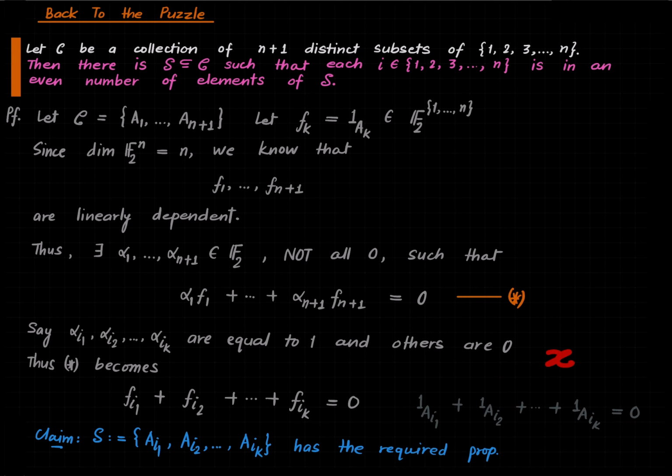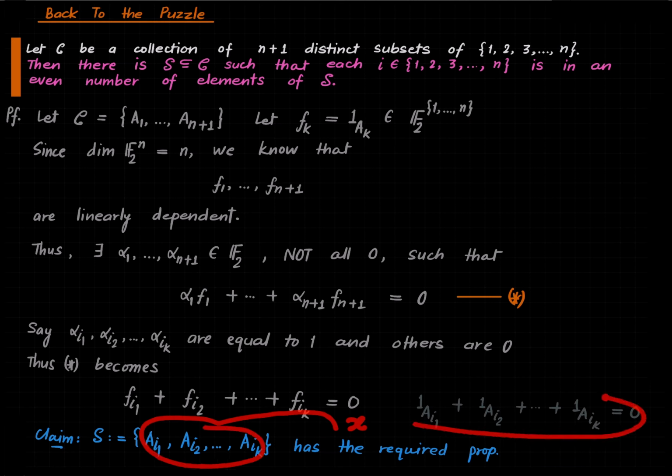Fix an x, just ask, will you give me a 1, will you give me a 1, and so on. Since ultimately you are getting a 0, there has to be an even number of them which output a 1. And those which output a 1 are precisely those for which the x is contained in the corresponding sets. So for any x, x has to be contained in an even number of these sets for this equation to hold, because otherwise this equation will not hold, and that's it.